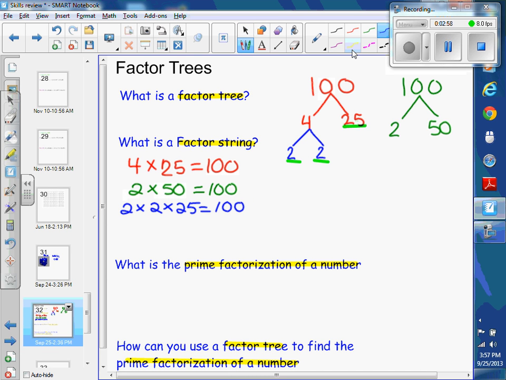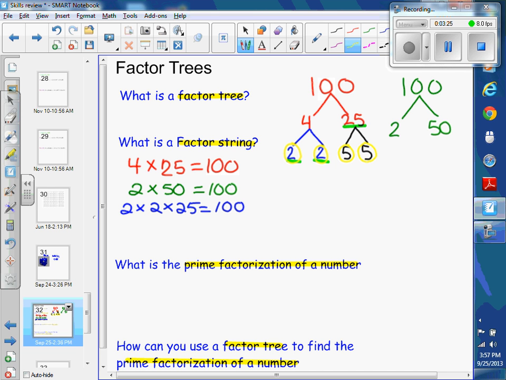So I can continue to expand this factor tree by breaking the 25 down to be 5 times 5. So now I have an even longer factor string, because now the bottom of the tree has 1, 2, 3, 4 numbers.